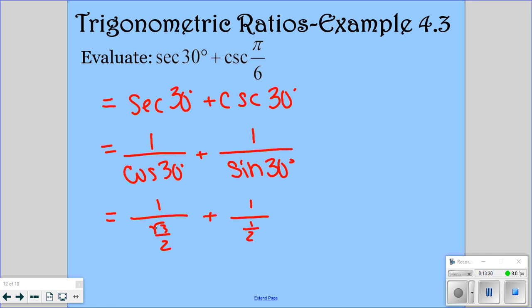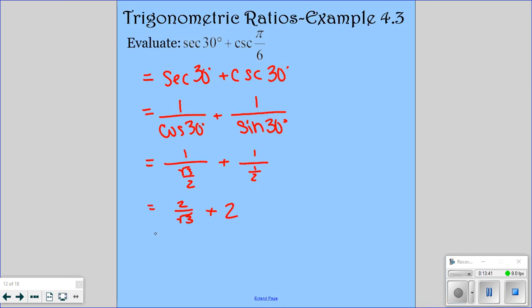So what is 1 over square root of 3 over 2? 2 over square root of 3. And what is 1 over 1/2? 2. And so we can't have a radical in our denominator. We already talked about that in another lesson. So we have to rationalize it.